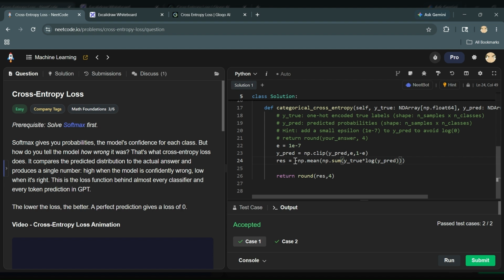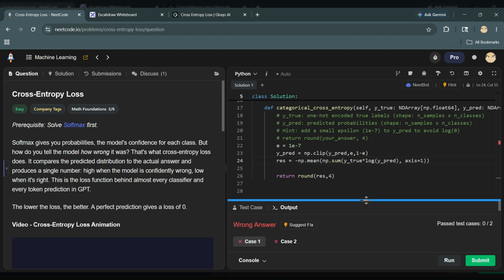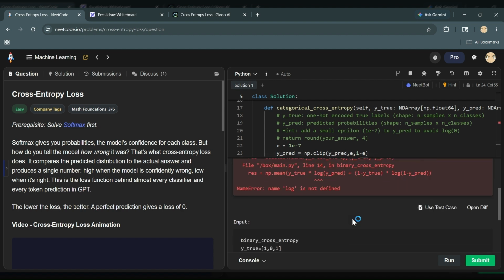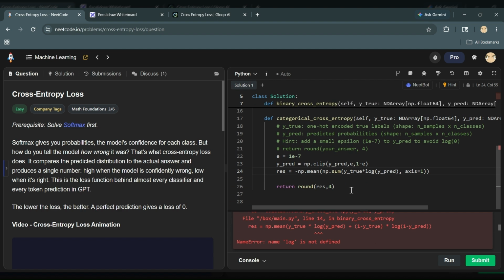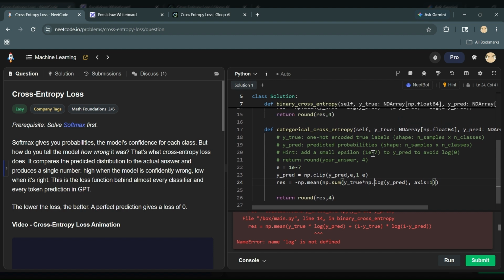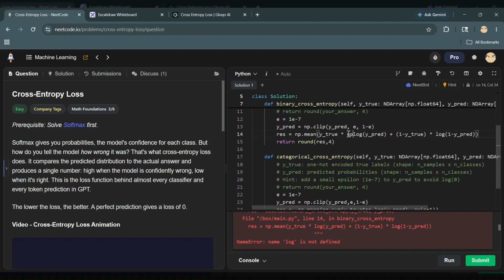But we are doing this for an array, so the sum will be np.sum. And basically, np uses something called broadcasting, so I need to define the axis as 1 to show this as working. Yeah, basically we did something wrong here and we got some wrong values. Yeah, we should use np.log. Here also, let me change this to np.log and this to np.log.